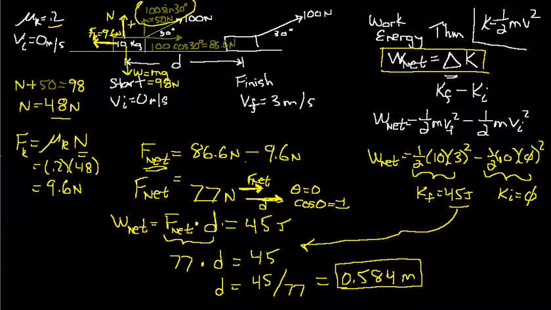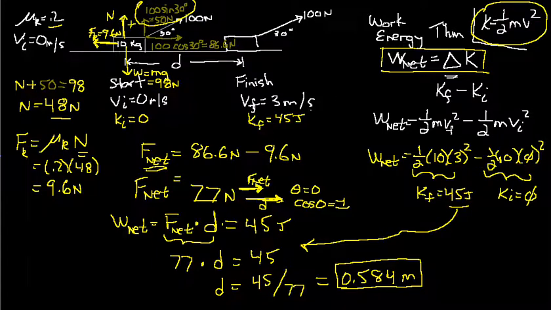We solved this problem using the work energy theorem that says that the net amount of work done is the change in kinetic energy. We looked over here, we said we're starting out with an initial kinetic energy of 0 because it had no velocity, and our definition for kinetic energy is 1/2 mv squared. So v is 0, it's at rest, no kinetic energy to start. Our final kinetic energy, we said, was 1/2 m v final squared, and that turned out to be 45 joules. So you take the difference between the initial and the final kinetic energies, you'll get 45 joules.